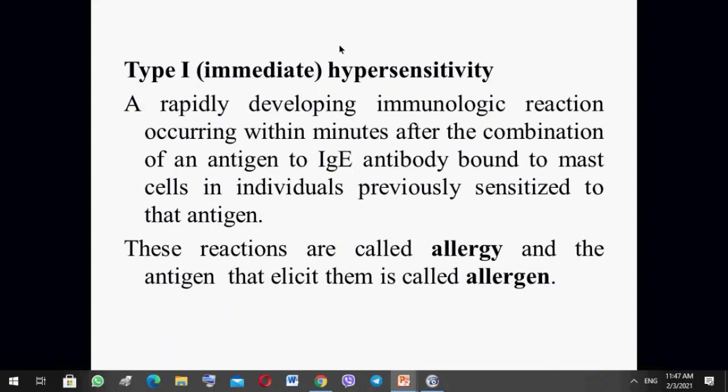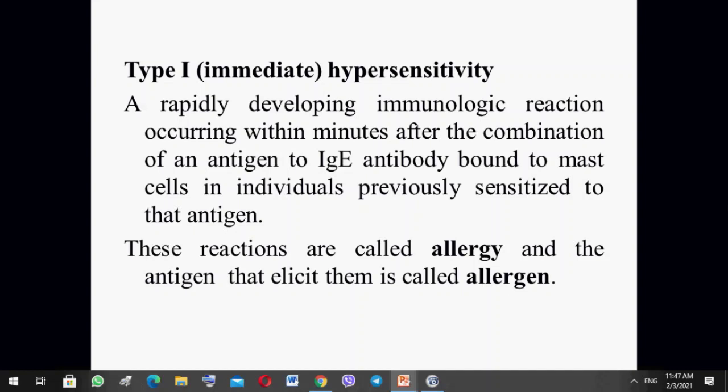The first type, which is called type 1 or immediate hypersensitivity reaction, is a rapidly developing immunological reaction occurring within minutes after the combination of an antigen with an IgE antibody bound to mast cells in individuals previously sensitized to that antigen.